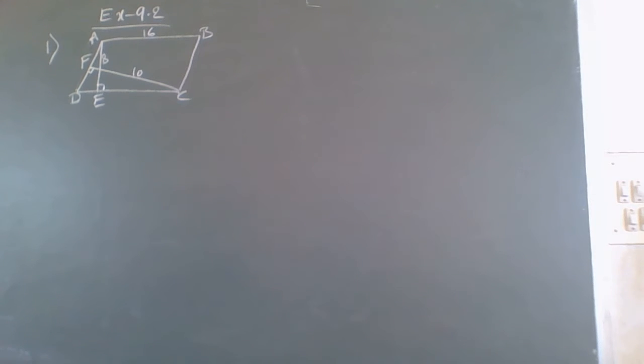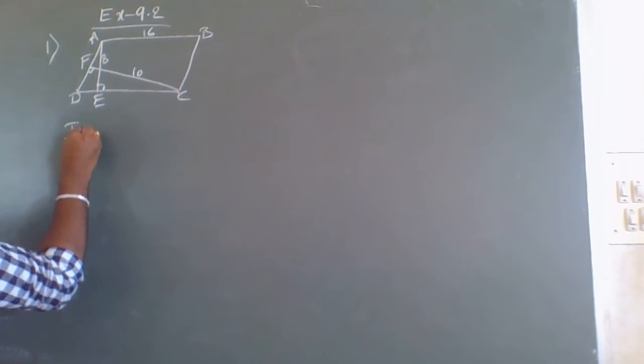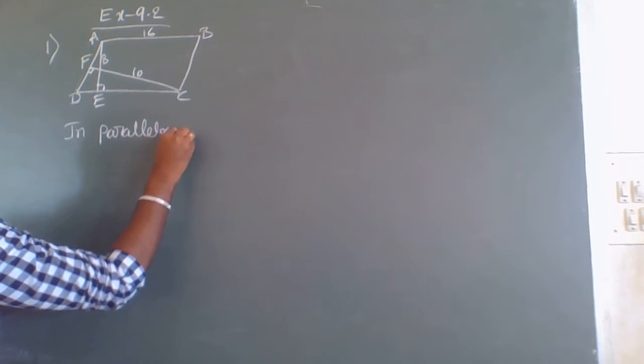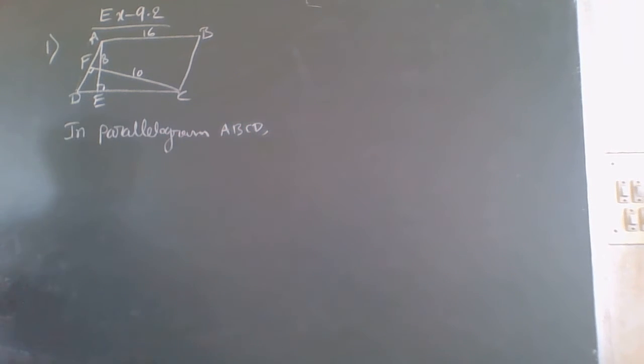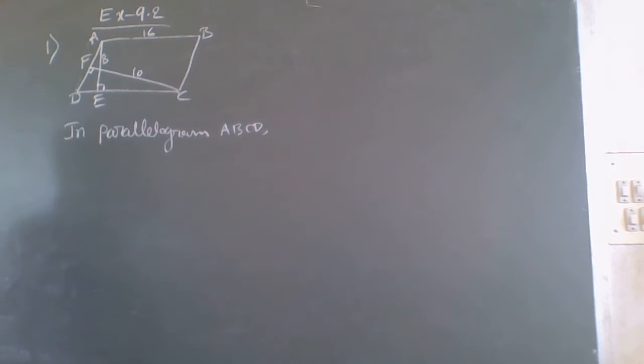So now, to calculate length of AD, first we will consider parallelogram ABCD. Here this AB equals to CD because these two are opposite sides of parallelogram, and we know that opposite sides of parallelogram are equal to each other.